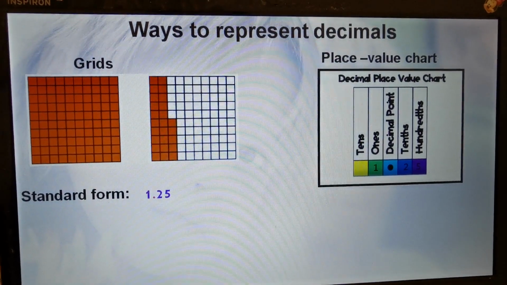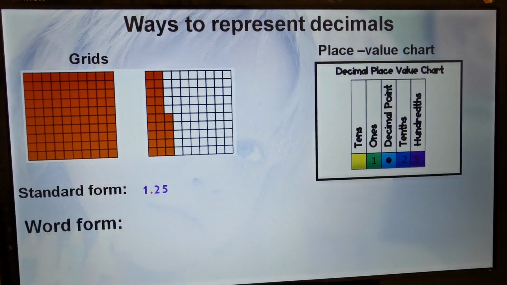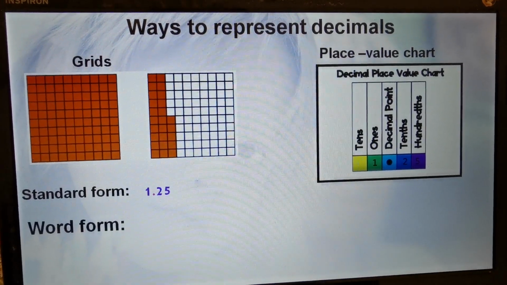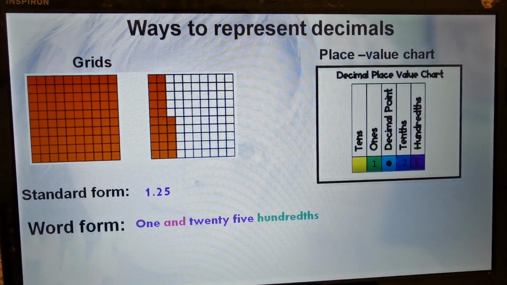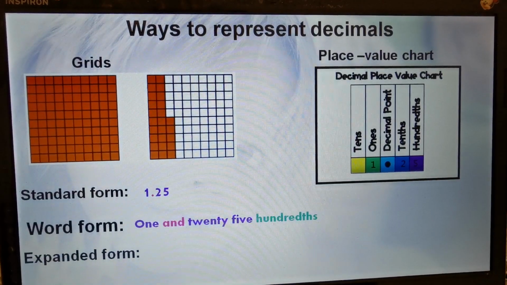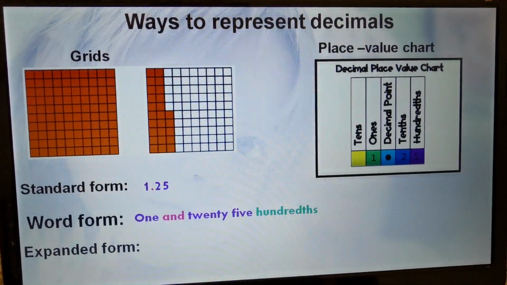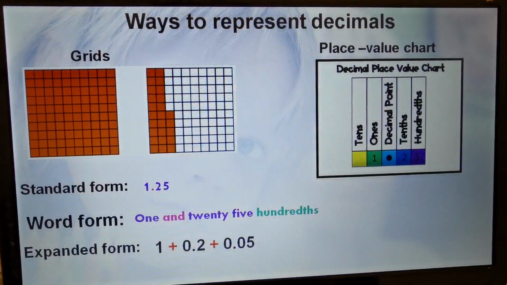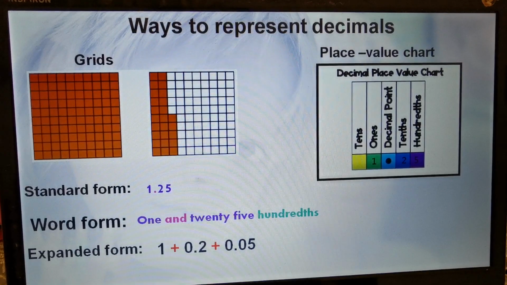Standard form means that we write it using numbers. Word form, how do we read it? Using words. 1 and 25 hundredths. The third way, expanded form, which is using values added together. 1 plus 2 tenths plus 5 hundredths.